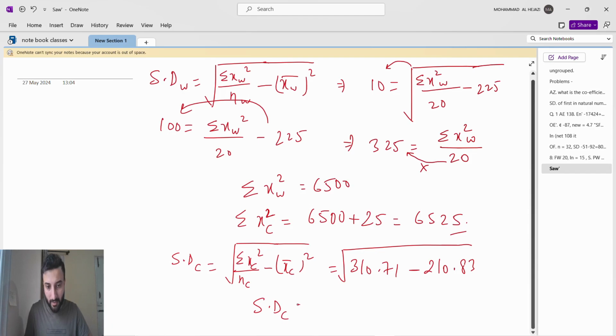So correct standard deviation is the square root of 310.71 minus 210.83. Whatever you get, the square root is 9.99. That is the answer, guys.